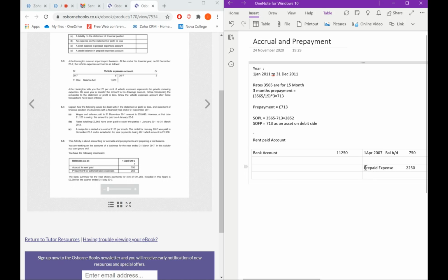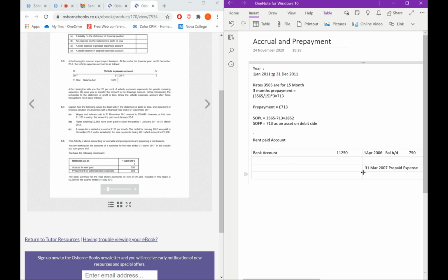This figure is on 31st March 2007. No, we are saying this is wrong. This is 6 and this is 7. This is 1st April 2006. Right?